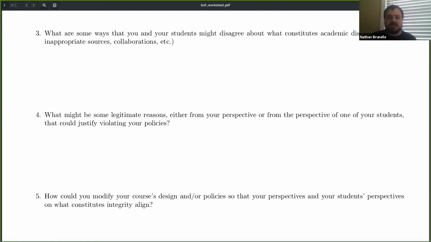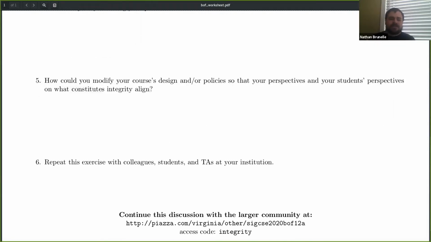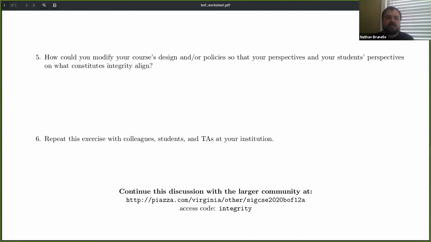And so maybe that student got a little bit carried away learning that background material, or wasn't sure what was background material and what wasn't, and found themselves with the solution to some problem because of that. So think about whether there are any legitimate reasons, either from your perspective or from a student's perspective, that they might actually violate those policies.